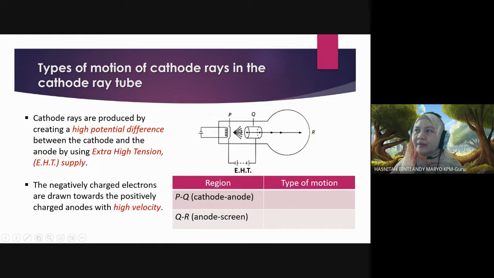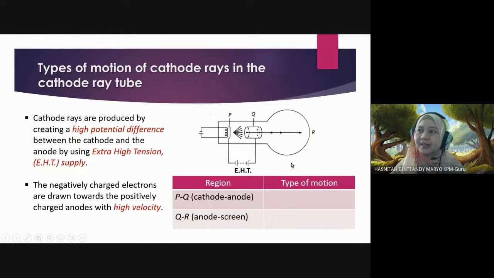First they are emitted in various directions, then they enter a small hole at the anode. Then they will be assembled, moving in one line, and their final destination is at R.